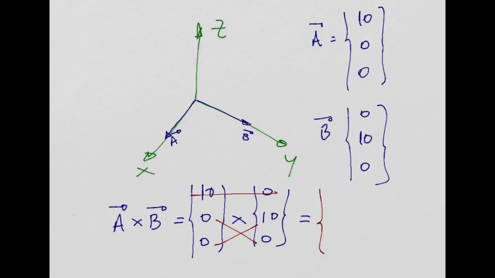So the first term in the cross product is 0. Let's go to the y component now. For the y component, I ignore the y, and then I do this cross product here. This times this, which is 0, minus this times this, which is also 0. Agree with me? So the y component is also 0.